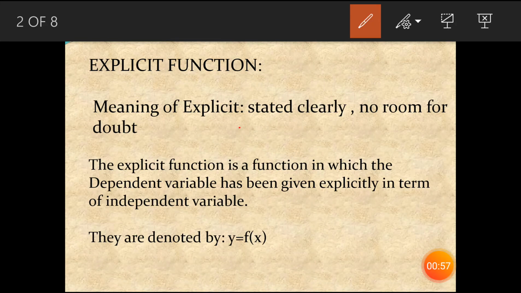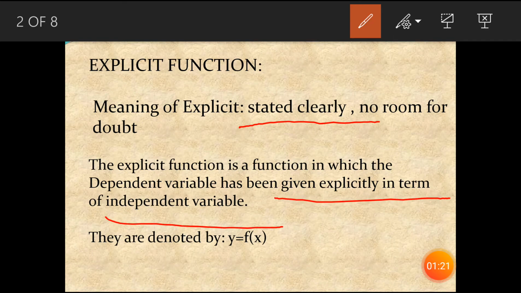Explicit means stated clearly, meaning there shouldn't be any doubt or any room for confusion, it should be clear. So we can say in words, an explicit function is a function in which the dependent variable has been given explicitly in terms of the independent variable.